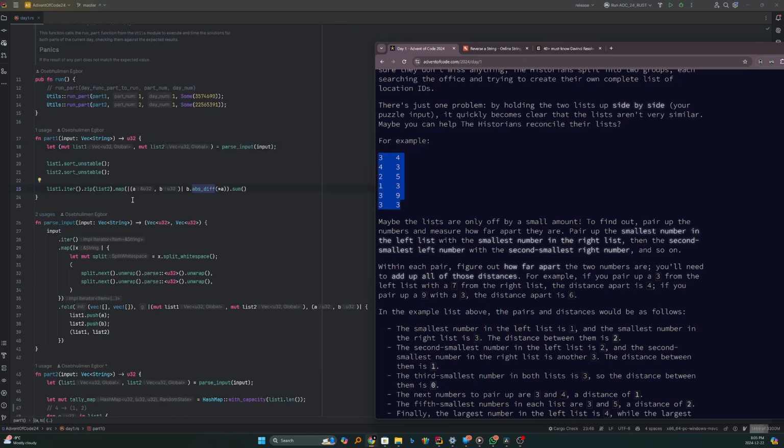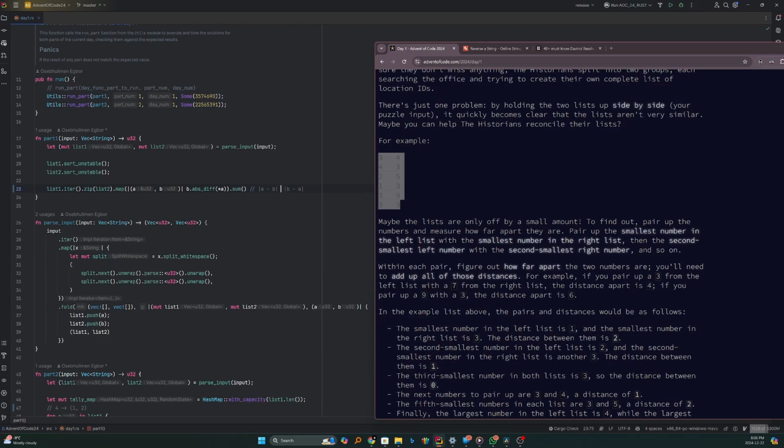So we map both pairs A, B, and since it's absolute difference, my calculation actually doesn't mirror what they want. They want A minus B, absolute. What I actually did is B minus A, which still gives the same answer.